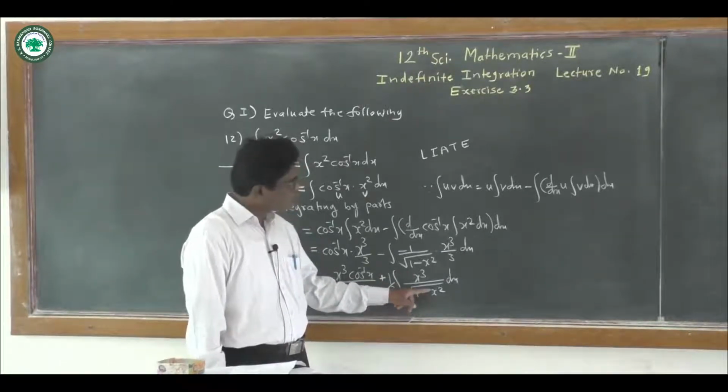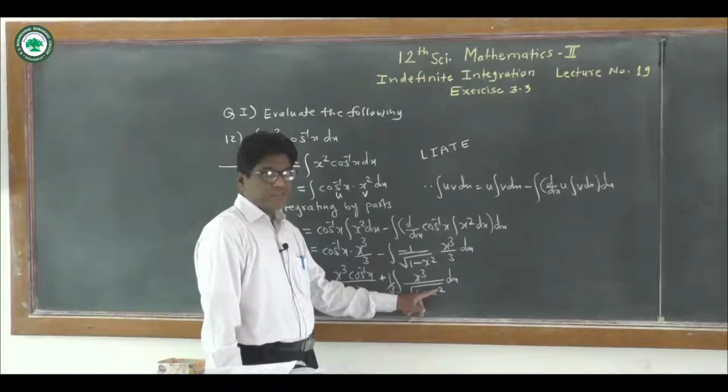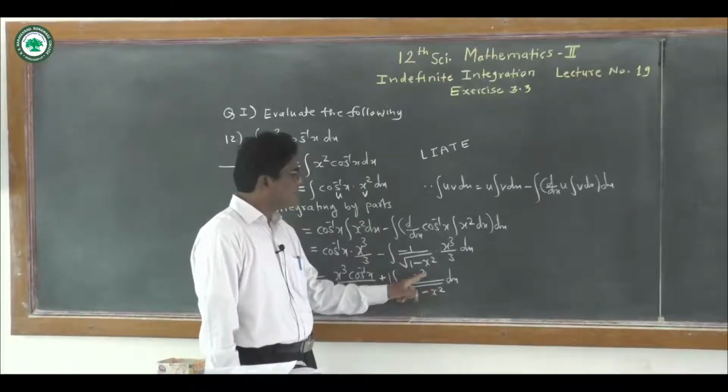So here if we put 1 minus x square is equal to t, then we get minus 2x dx is equal to dt, meaning here x is present in this x cube.